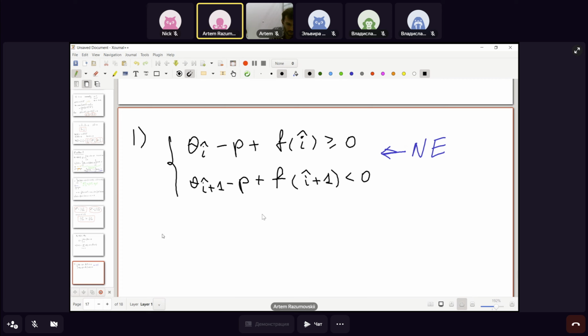Our welfare function is the sum from 1 to n, let me write it like from 1 to n, of theta I minus b plus f of n.